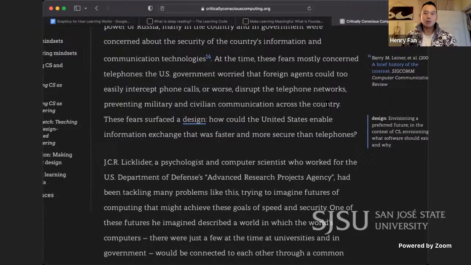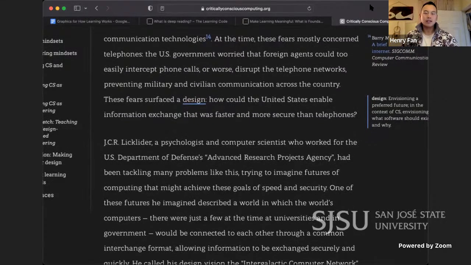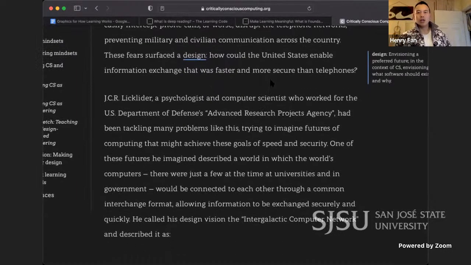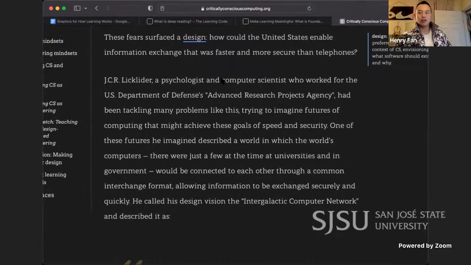The US government worried that foreign agents could easily intercept phone calls, or worse, disrupt the telephone networks, preventing military and civilian communication across the country. These fears surfaced a design question: How could the United States enable an information exchange that was faster and more secure than telephones?